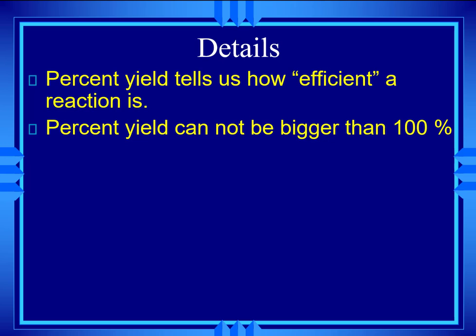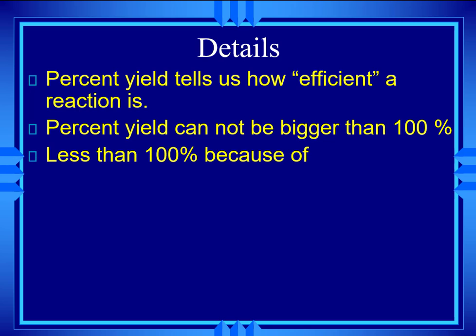Because if you get a percent yield bigger than 100%, that means you made more than you could possibly make. Which tells you that what's in the dish is not what you think it is. Does that make sense? Maybe a different reaction happened. Okay? Fact is, very often it's less than 100%.